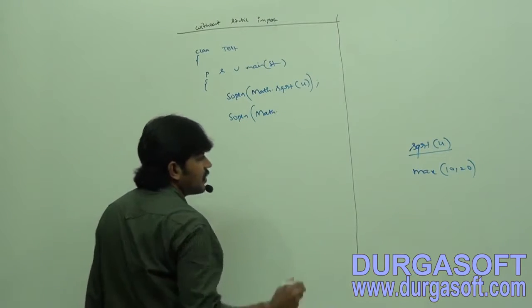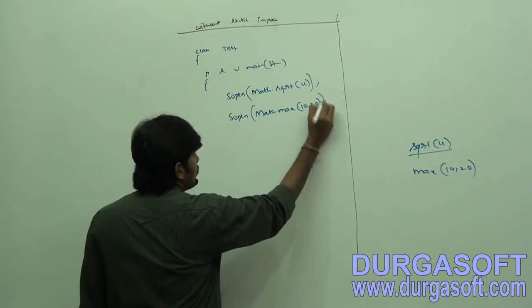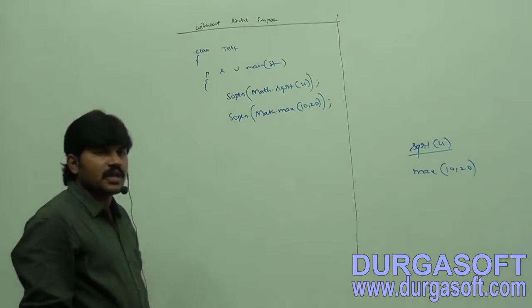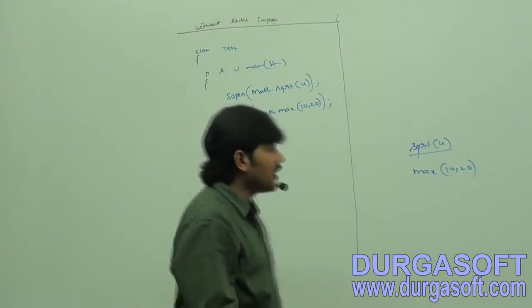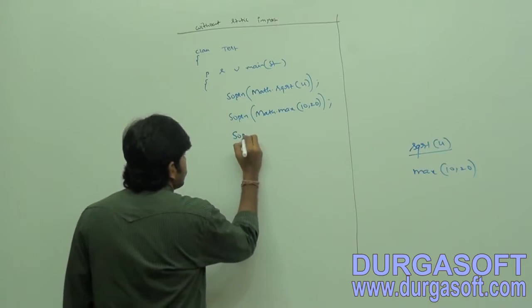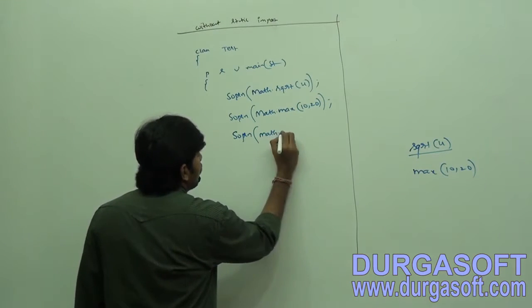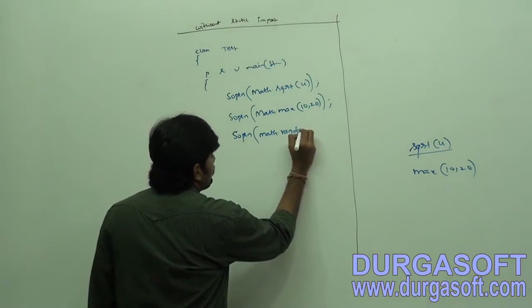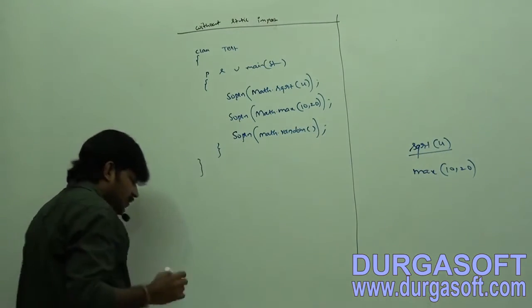Math dot, what is the method name? max of 10, 20. Okay. Sir, I want to print some random number between 0 and 1. System.out.println Math.random.